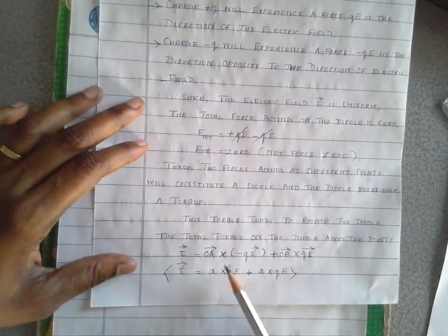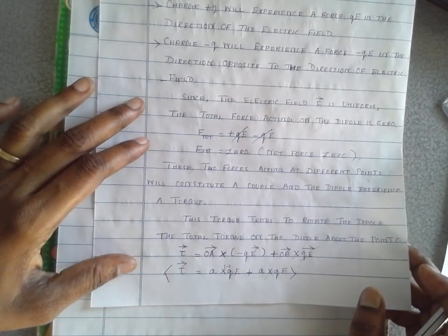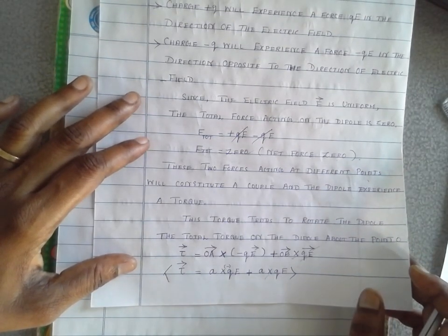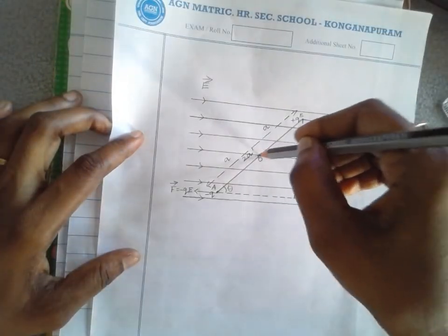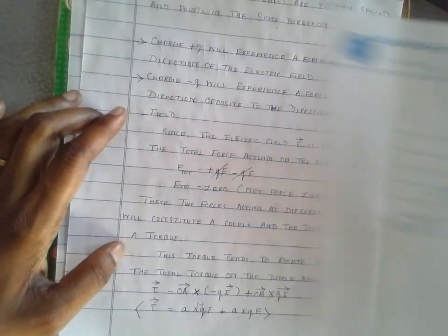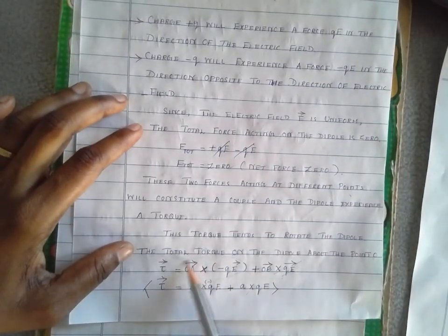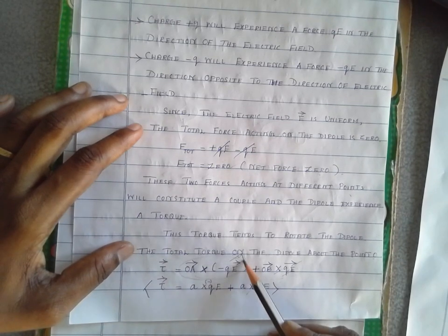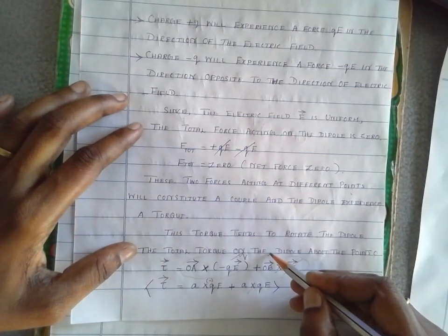Another method: the sum of the torques experienced by the individual charges. This equation represents the total torque acting on this dipole in the uniform electric field, that is the sum of the torque experienced by the minus q force and the torque experienced due to the plus q force.